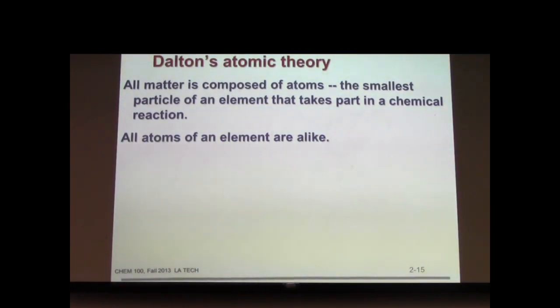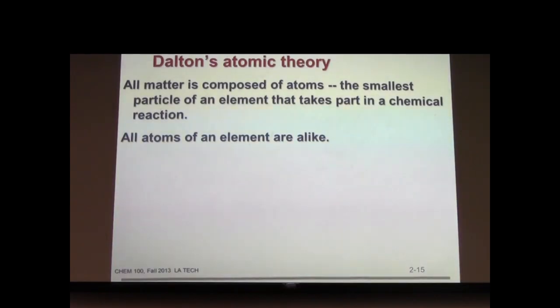Compounds are combinations of atoms of two different elements in a fixed ratio. A compound has atoms of two different elements in a fixed ratio. If two elements form two different compounds, then that ratio is different for each different compound, right?